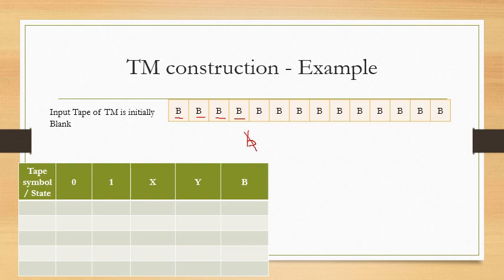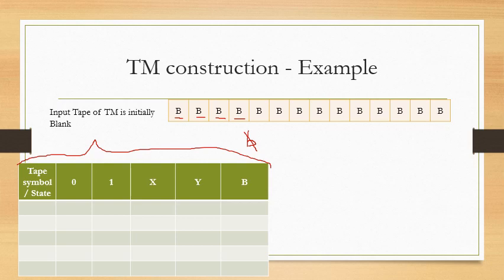This can also be used to represent the blank symbol, but for simplicity, we can consider capital B as the blank symbol. Parallelly, over here I have shown the transition table of a Turing machine.